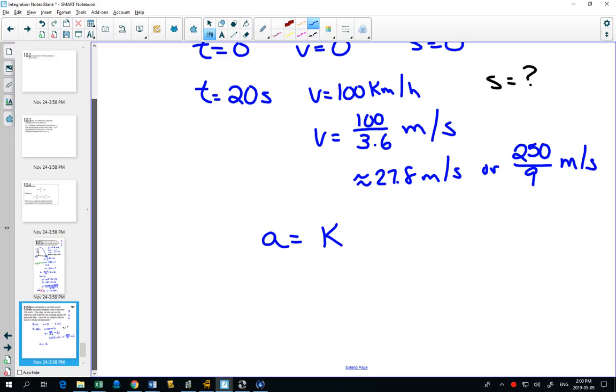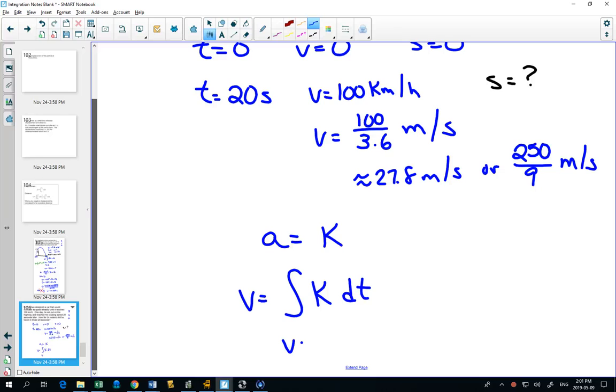Should we go like that? I mean, constant maybe in German starts with a K. So we could go that our acceleration is some number, but we don't know what that number is. It doesn't seem like we have enough information right now, but we could work backwards and say, well, my velocity is going to be my integral with respect to time.